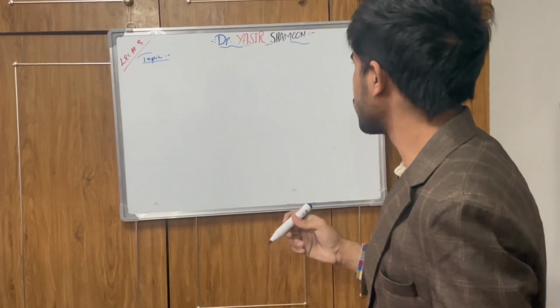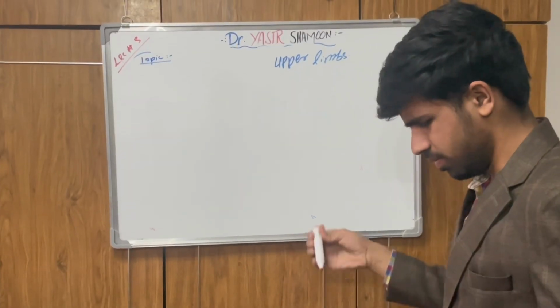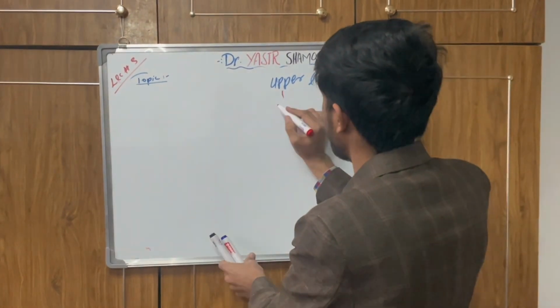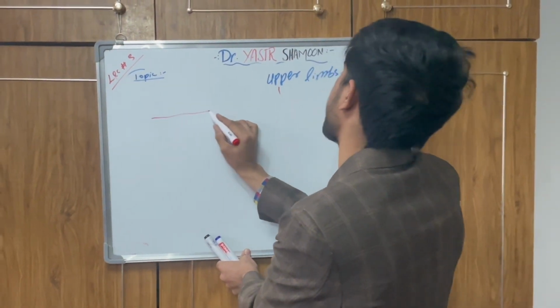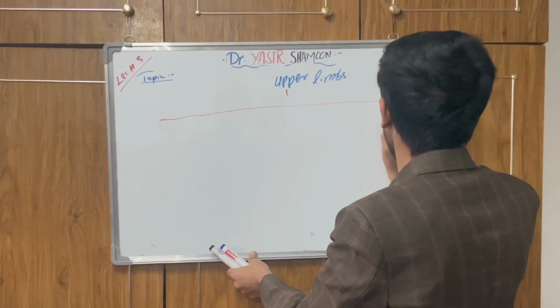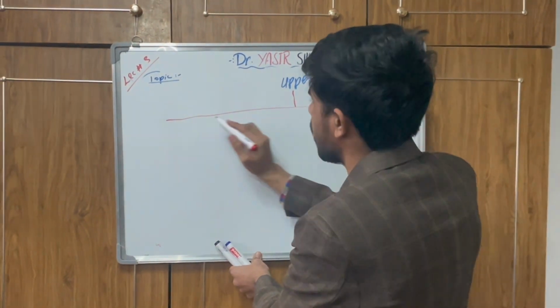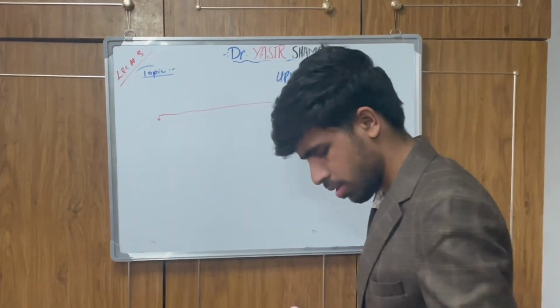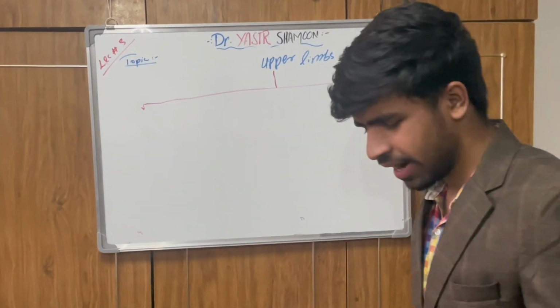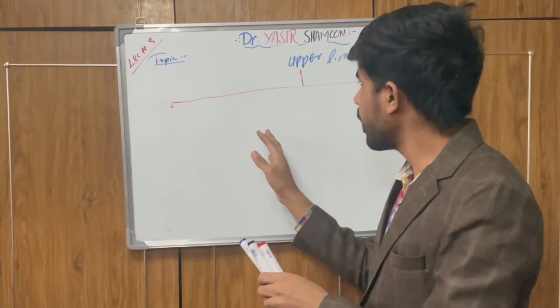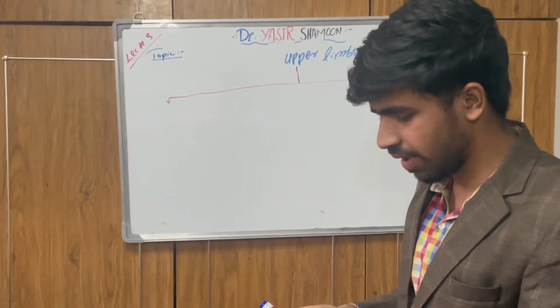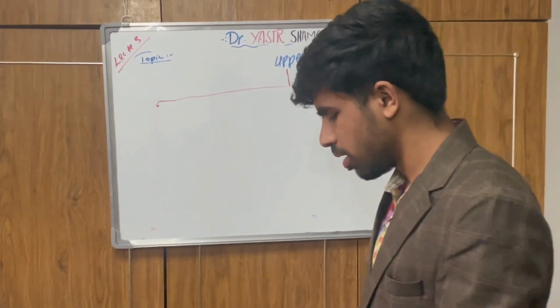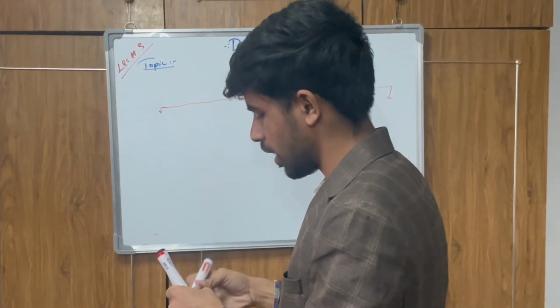How many bones are in the upper limb? The clavicle and scapula are not strictly included in the upper limb, but I will discuss them along with it.